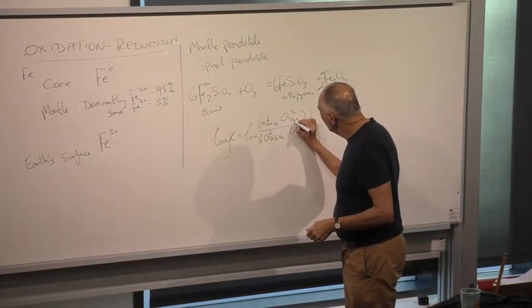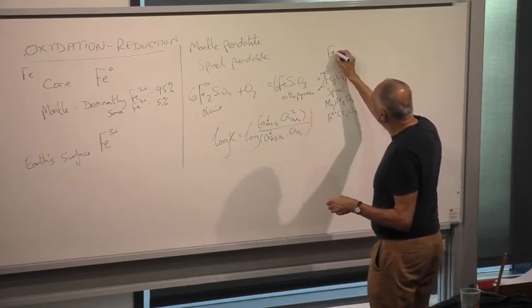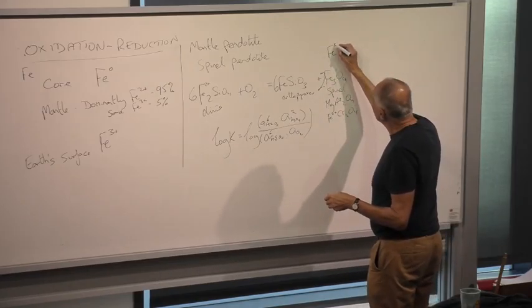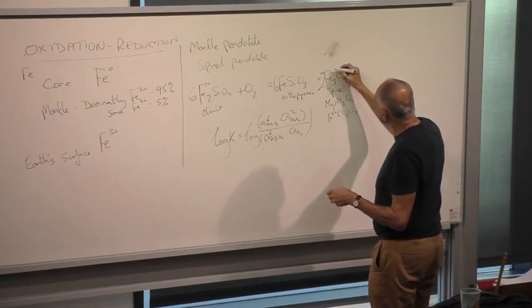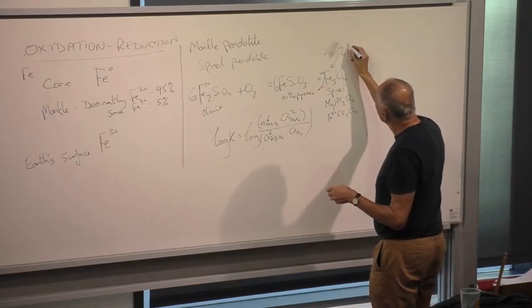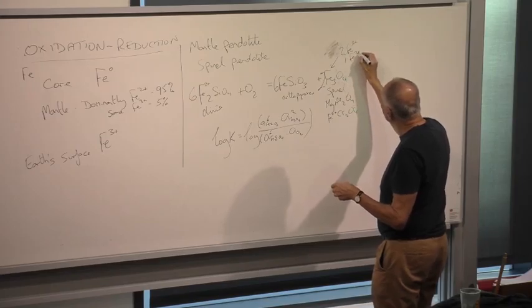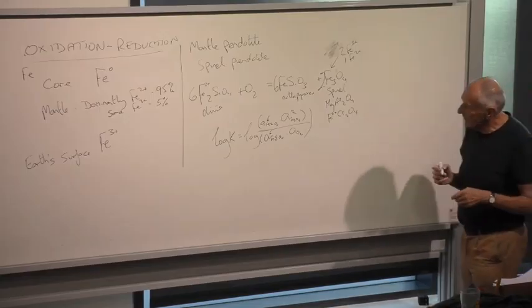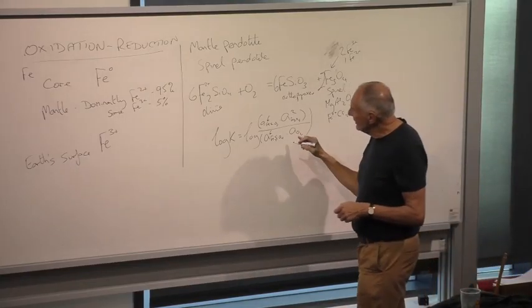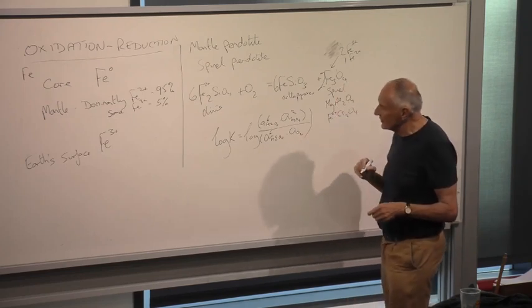So Fe3O4 is Fe3+, sorry, it's 2 Fe3+s and 1 Fe2+. So it has that in it. And we measure these and we calculate what the activity of oxygen is.